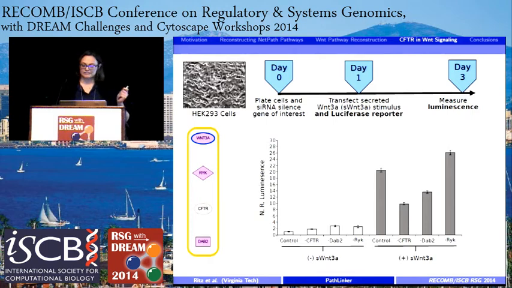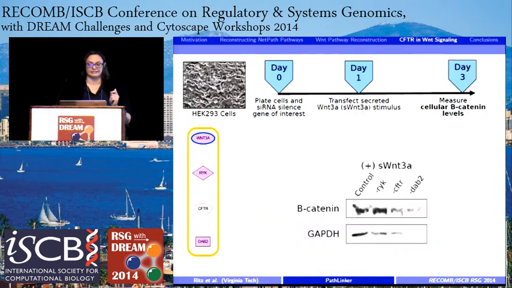So this means that there's something going on with CFTR and Wnt signaling, especially in Wnt3a signaling. We also measured cellular beta-catenin levels, where we see a decrease in beta-catenin upon the silencing of CFTR. And we also conducted a number of co-IP experiments just to validate that CFTR indeed binds to RIC and DAB2, to verify those interactions.